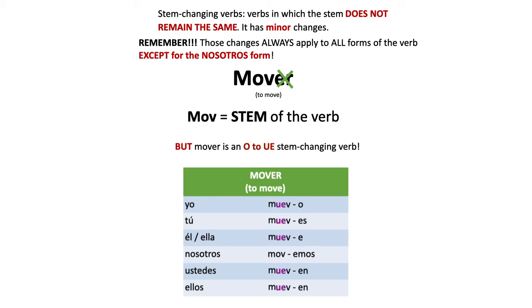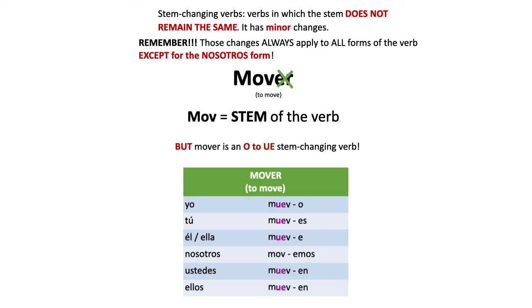So we need the o for the yo form as an ending. So if this were not a stem changing verb, it would be yo movo. But it is an O to UE stem changing verb, so we take that O and we replace it with UE. The actual form is yo muevo.